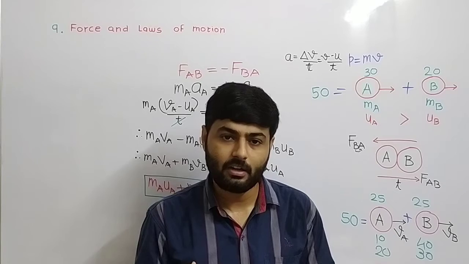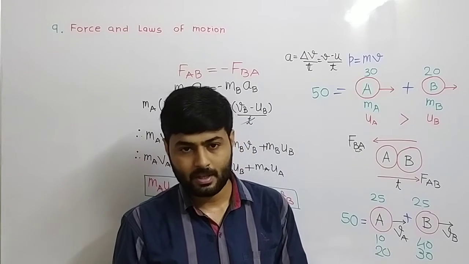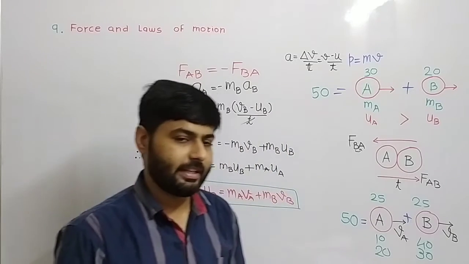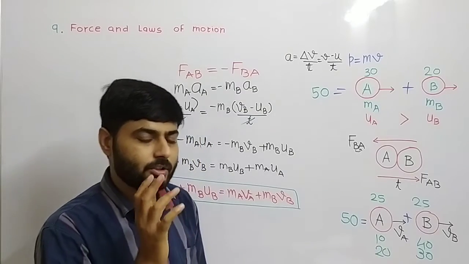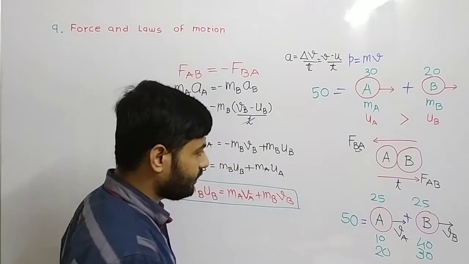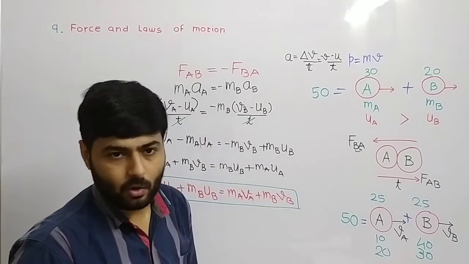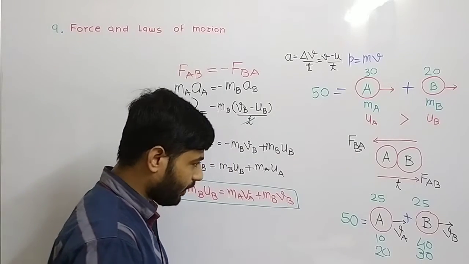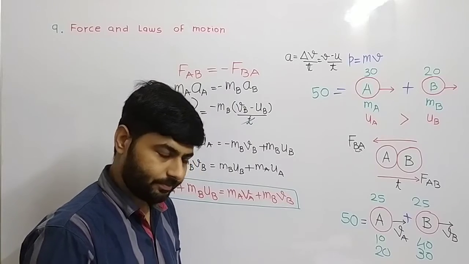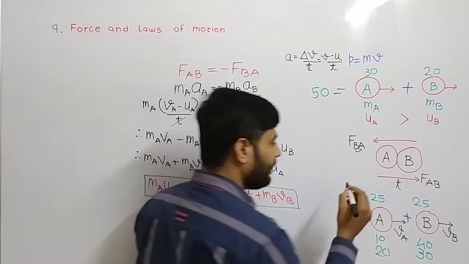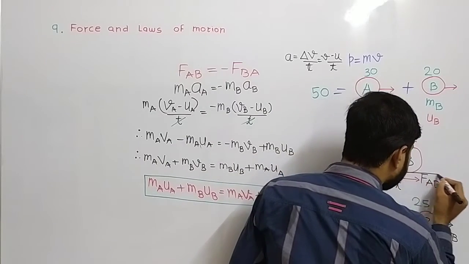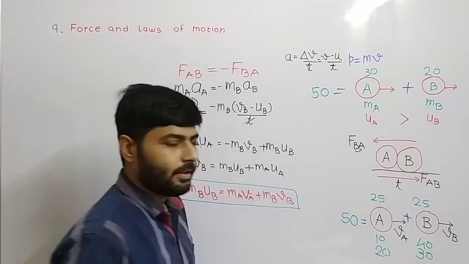any external unbalanced force. Now I would like to say what is this external unbalanced force? This collision is an ideal collision. What is an ideal collision? It means we are not considering friction here.